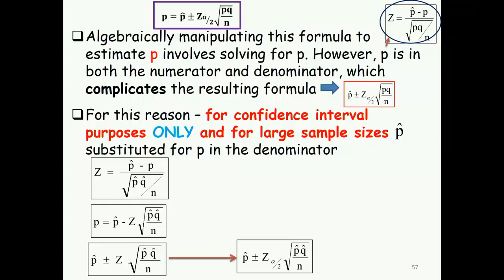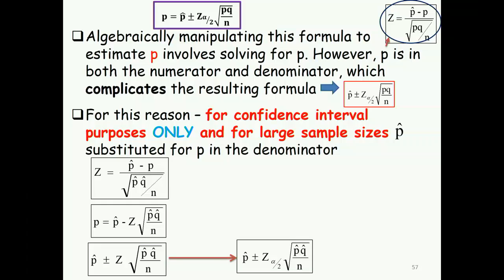Because we have difficulty calculating this P, we change it to P hat and Q hat. By doing so, we can easily calculate now. So please only use capital letters here. It was small letters in your lecture note. For this reason, for the confidence interval purpose only, let us put P hat, Q hat.